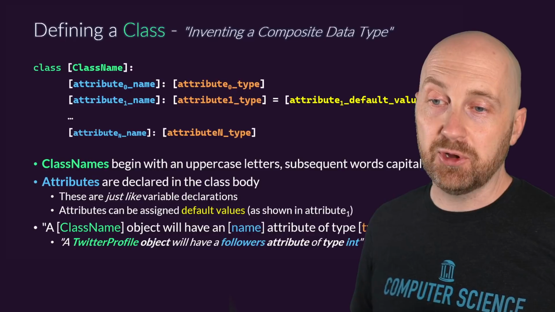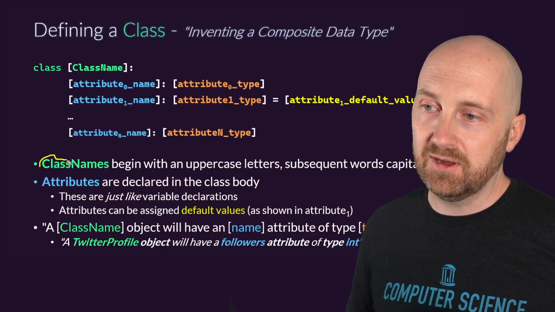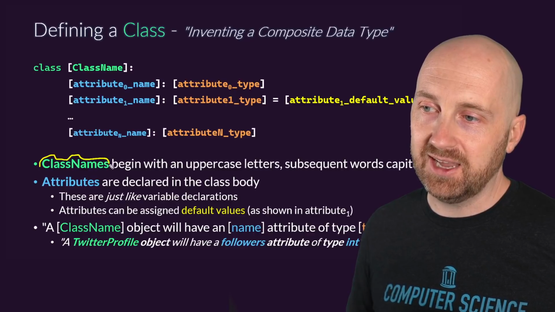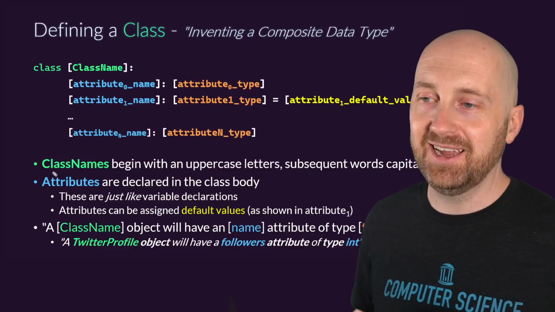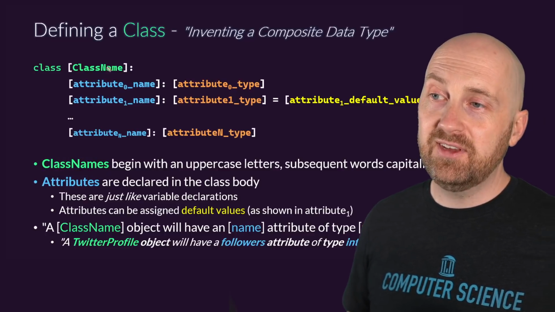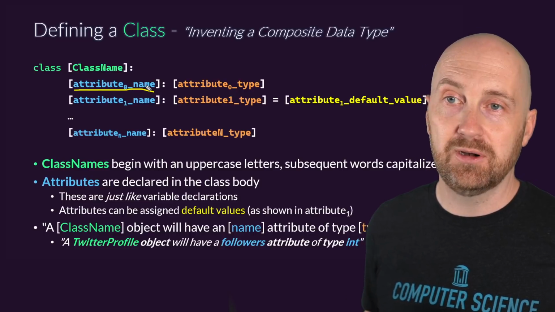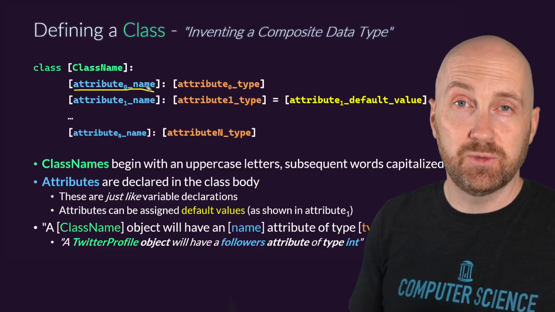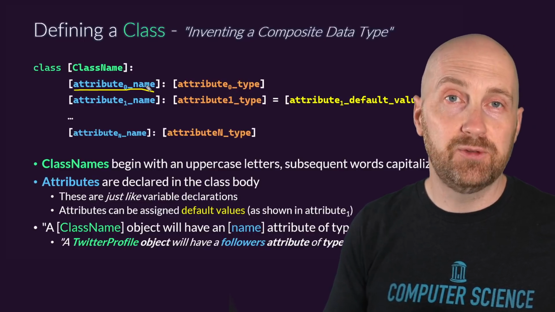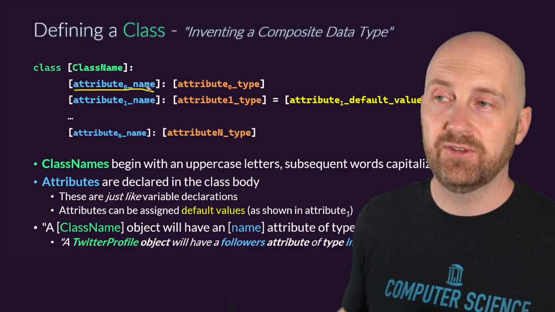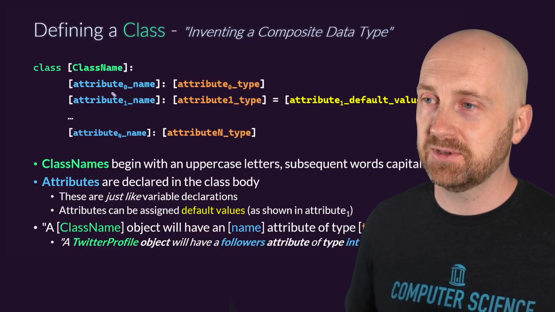This is called camel casing because if we were to outline this and put humps over the capitalized letters, we would have humps that appear to give the outline of a camel. And this is different from our snake casing of our attribute names, which is the same convention used when we're declaring variable names. With snake casing, we use all lowercase letters and separate words that make up a multi-word identifier with underscores.